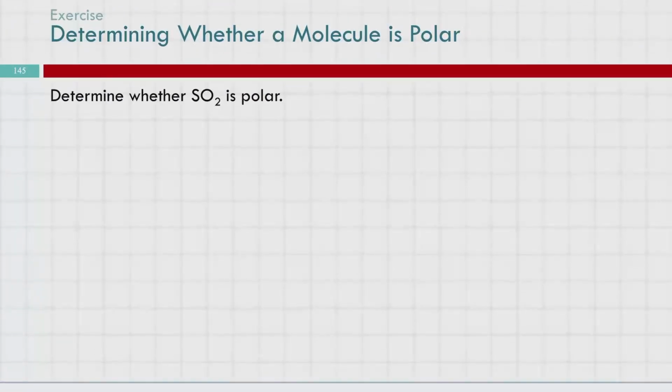All right, determine whether SO2 is polar. What do we need to do first? We need to do the Lewis structure. So we do the Lewis structure.